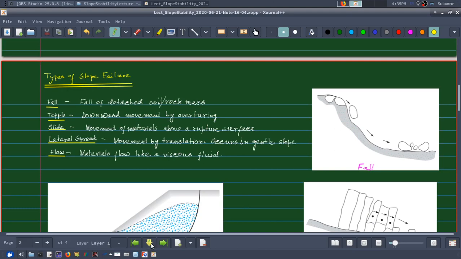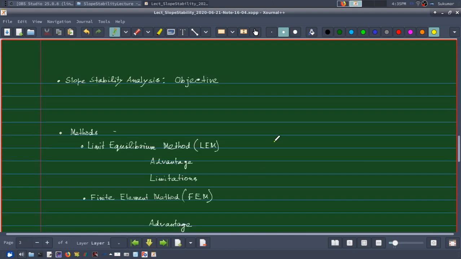So next we go to slope stability analysis. What is the objective? Our objective of slope stability analysis is to find the factor of safety against sliding.